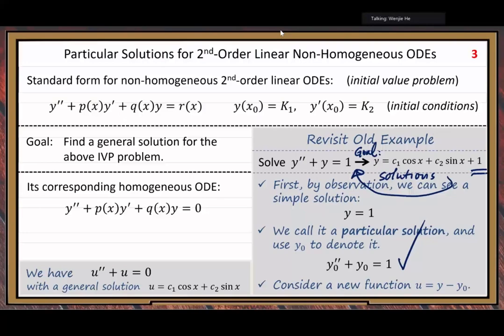In real world situations, only a very small portion of the problems have an analytic solution. For most application problems, you cannot get an analytic solution, so you have to take the numerical solution.